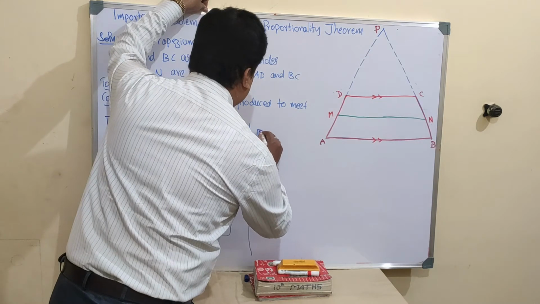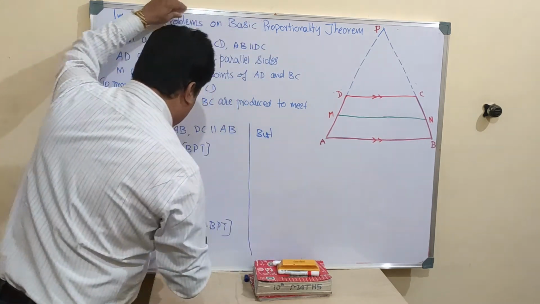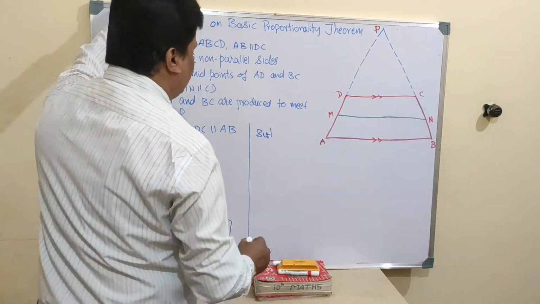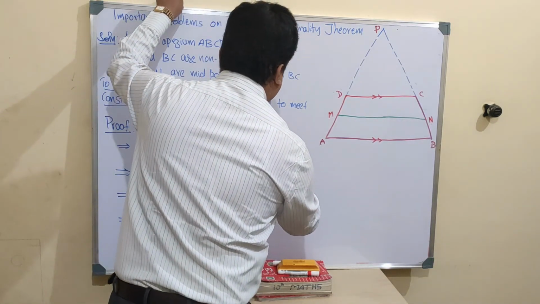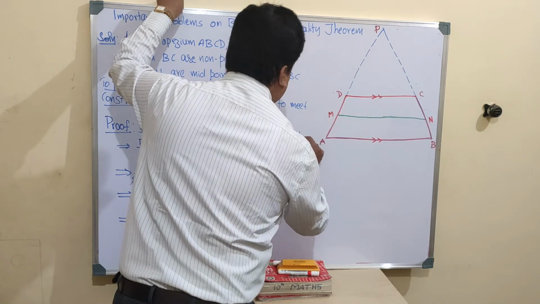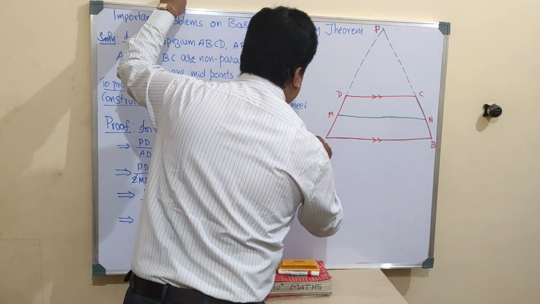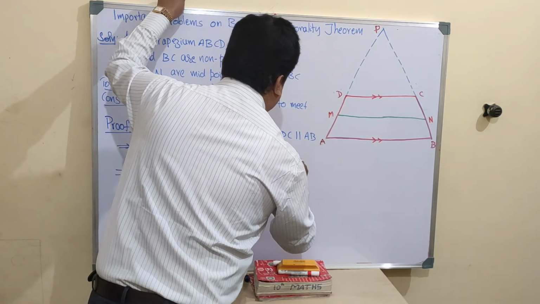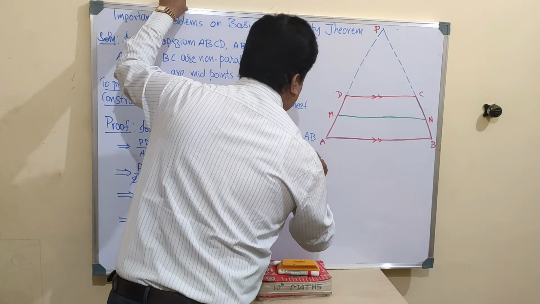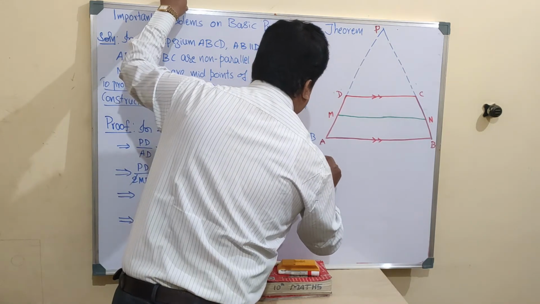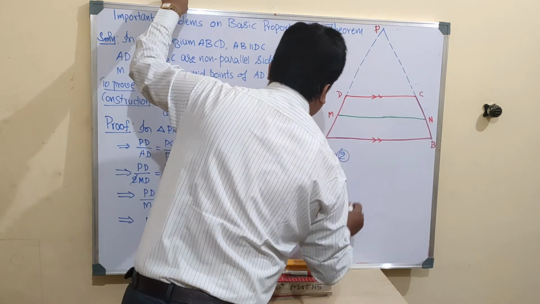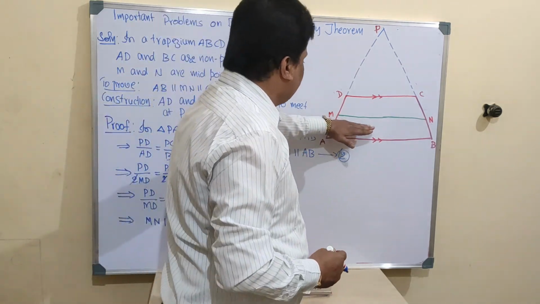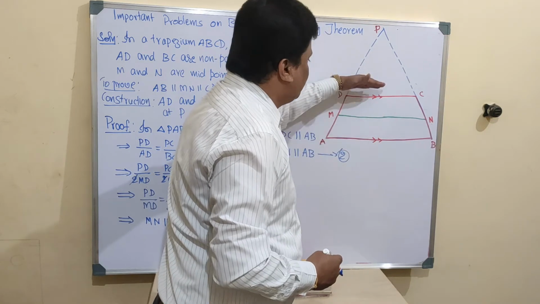So let's call it equation 1. But DC is parallel to AB. So that implies MN is parallel to AB. Let's call it equation 2. Here, first we have proved in equation 1 that MN is parallel to DC.